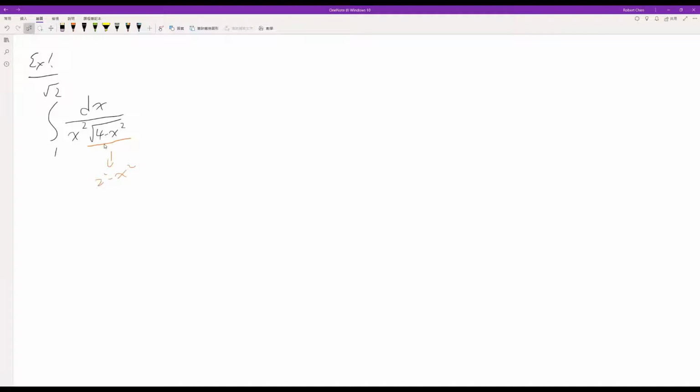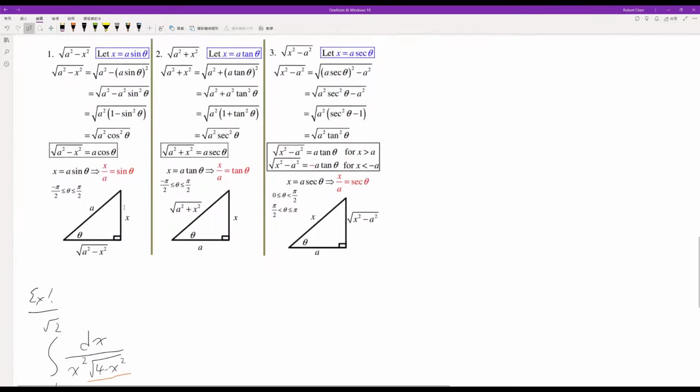All right, so we want to find out what form this looks like, 1, 2, or 3. So let's go back a little bit. Right, so 4 minus x squared looks like a squared minus x squared. It's not a squared plus x squared or x squared minus a squared. So it's a squared minus x squared, which is the first case. So in the first case, we know that we have to let x be equal to a sine theta, right?